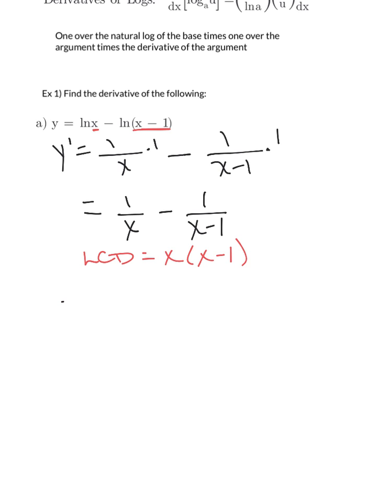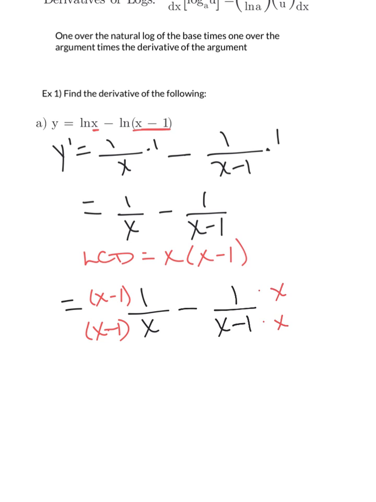So what that means then is that the fraction on the left is missing the x minus 1 part of that denominator. But if I'm going to take the bottom times x minus 1, I must also take the top times x minus 1. Moving over to the second fraction, it is missing the x portion of the denominator.